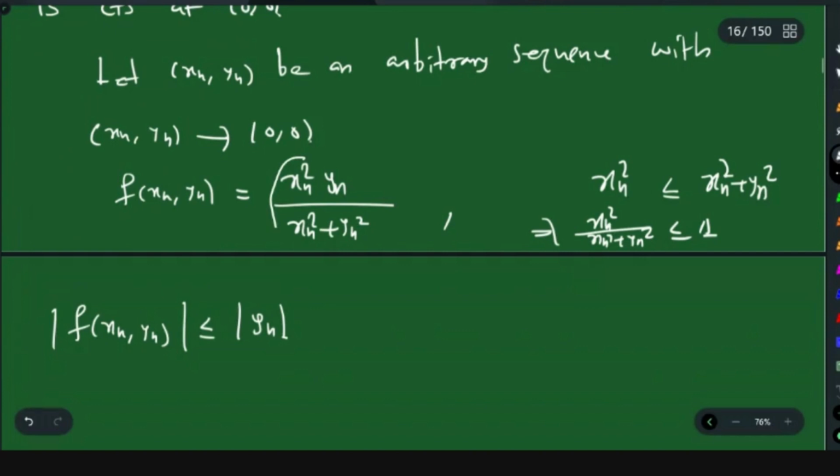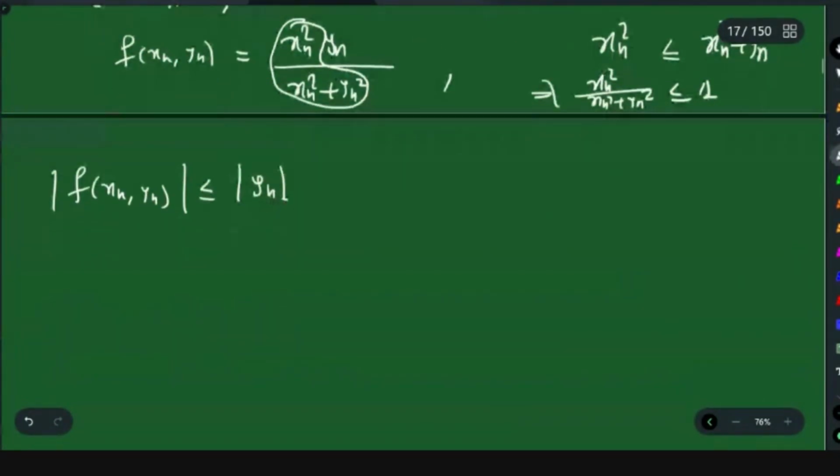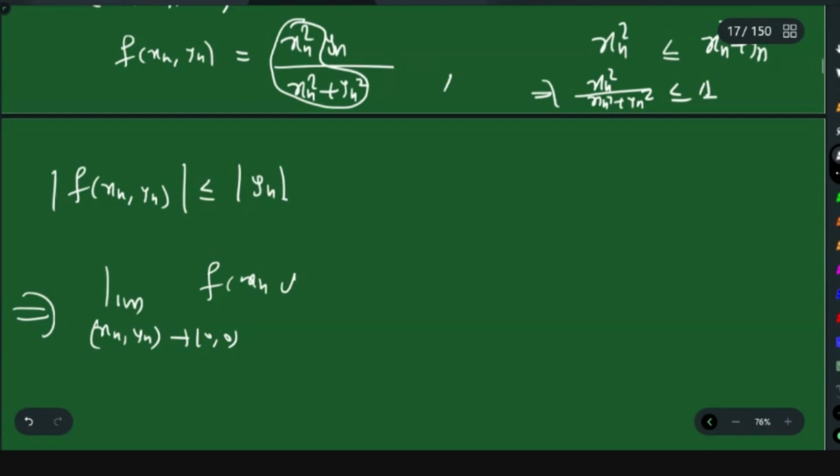Now you see your xn and yn are going to 0, so yn is also going to 0. So you apply the limit on both sides. So this implies the limit as (xn, yn) tends to (0,0) of f(xn, yn).